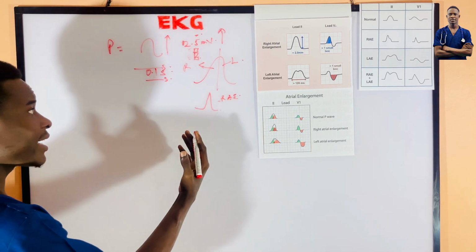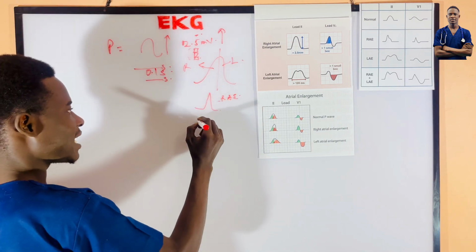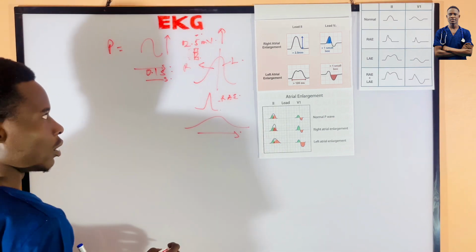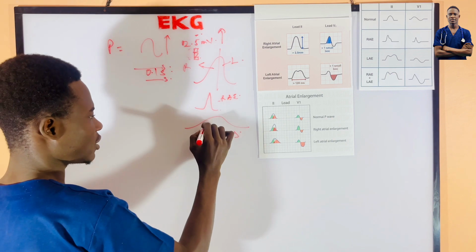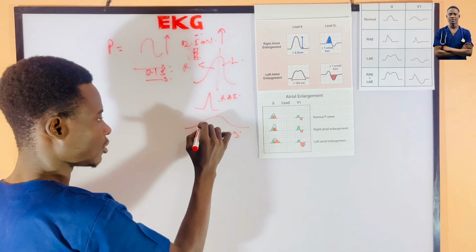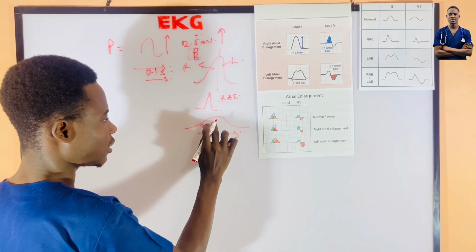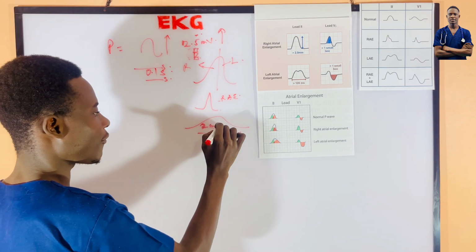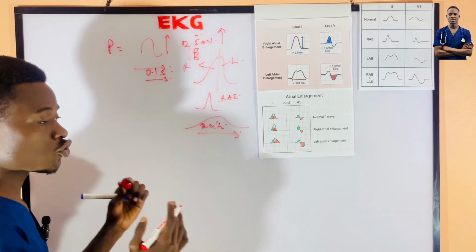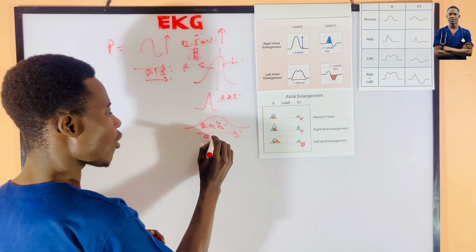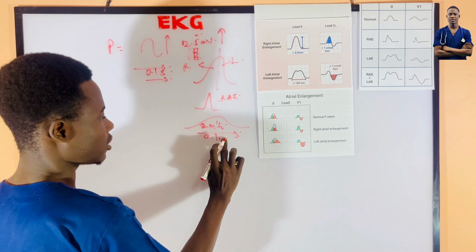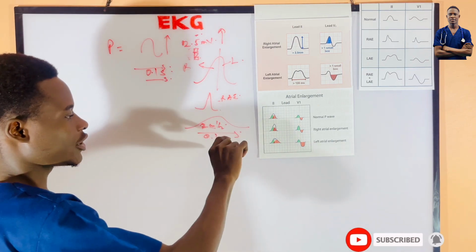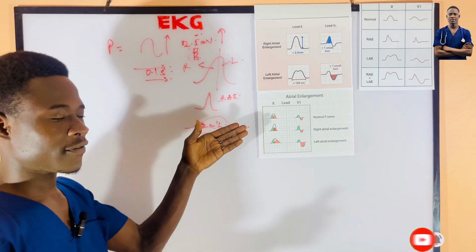And then when you take the P wave and there's an increase in the width of it, more than 2.5 small boxes, or 0.1 seconds, we talk of an atrial enlargement at the left atrium.